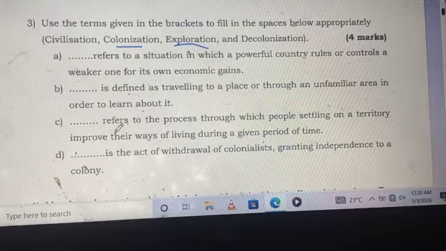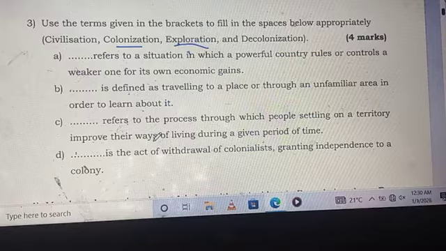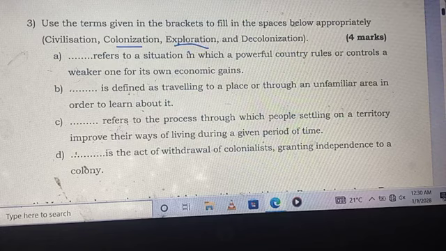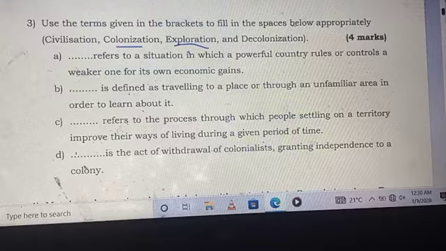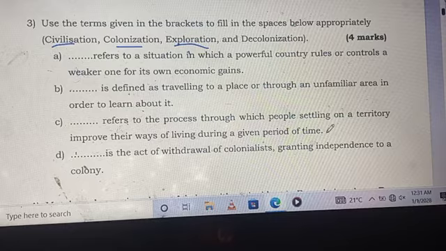C. Blank refers to the process through which people settling on a territory improve their ways of living during a given period of time. The best option is civilization. Civilization refers to the process through which people settling on a territory improve their ways of living during a given period.